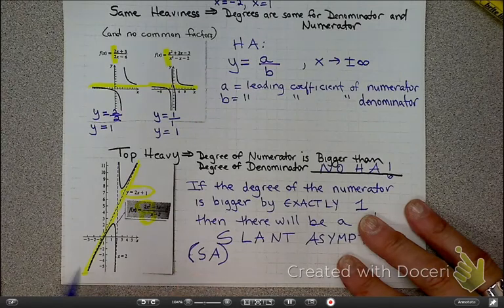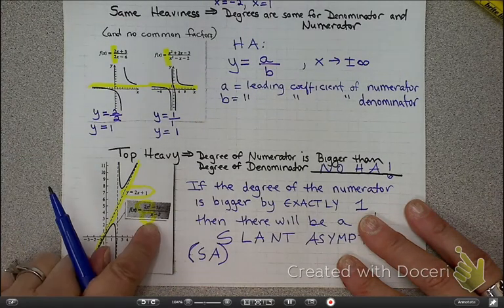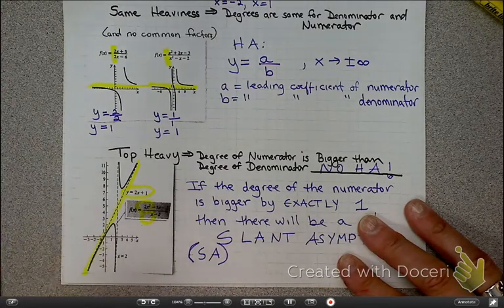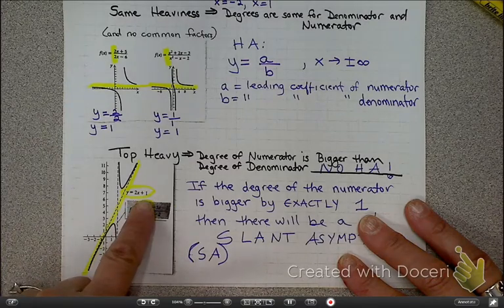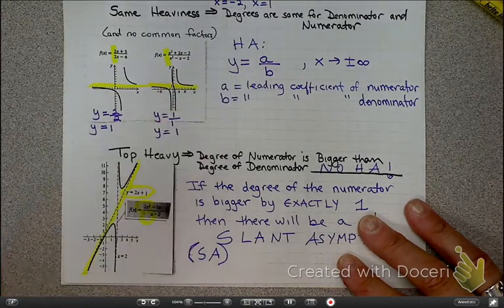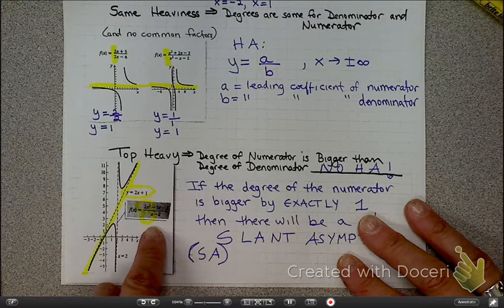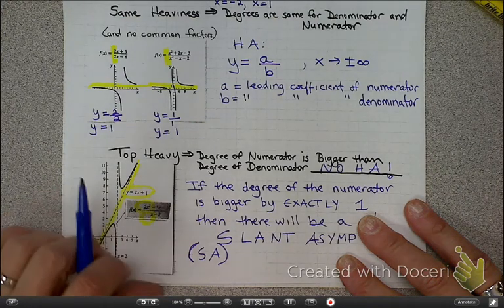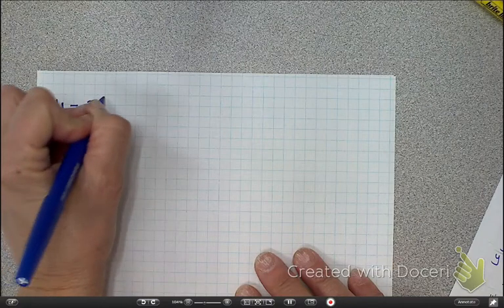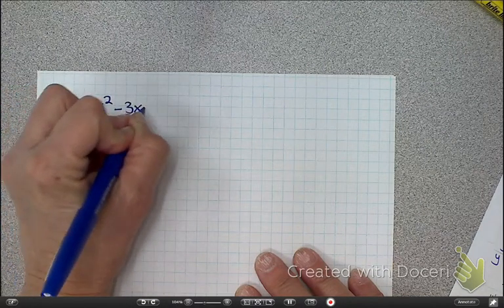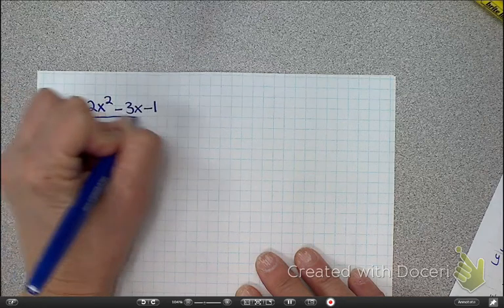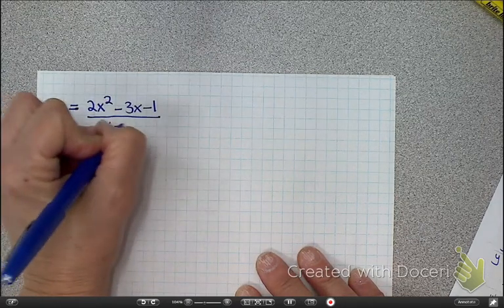Okay, so we're going to work on this problem to see how this slant asymptote equation came about. We're going to take this function and figure out how to find the slant asymptote. The function is y equals 2x squared minus 3x minus 1 over x minus 2.